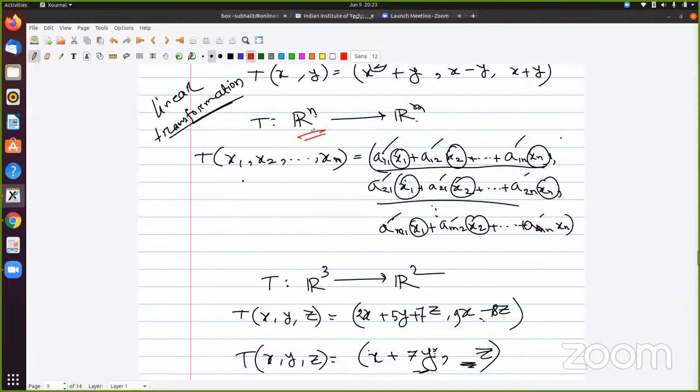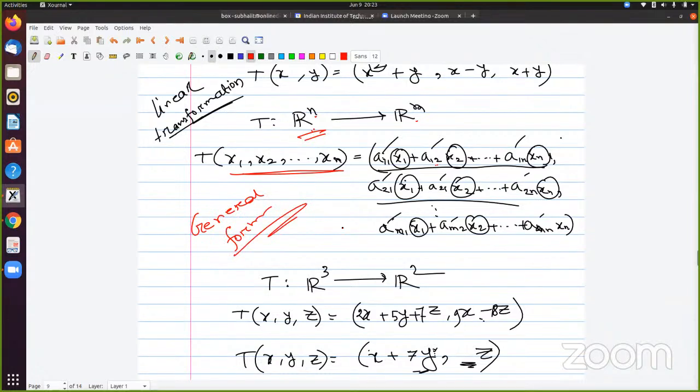Rn means any element of n coordinates, x1 to xn, and in Rm there must be linear combinations of all these. Some coefficients can be 0; that doesn't matter. Basically, this is the general form of a linear transformation.